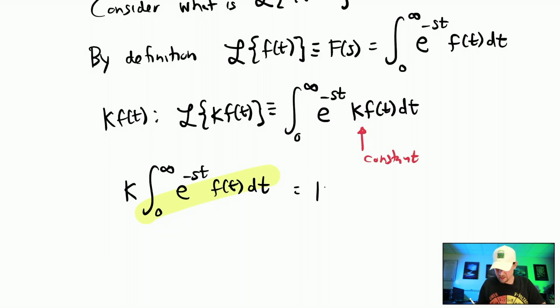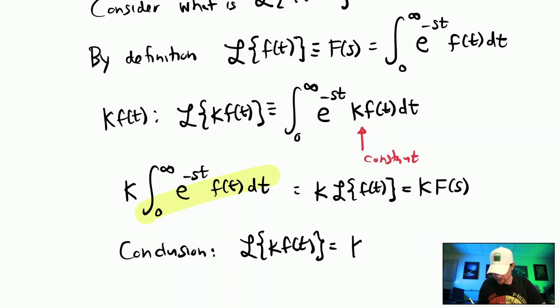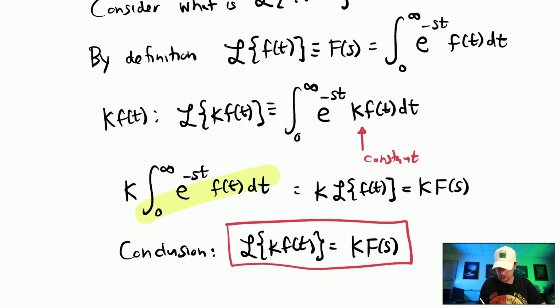So this is the same thing as k times the Laplace transform of f of t, which was F of s. So here, the conclusion, this is actually a relatively large one, is that the Laplace transform of k f of t is equal to k F of s. And this is what we actually wanted to get to.